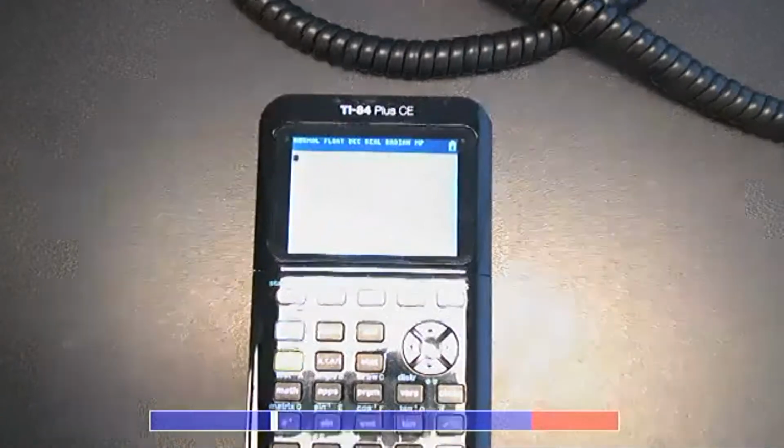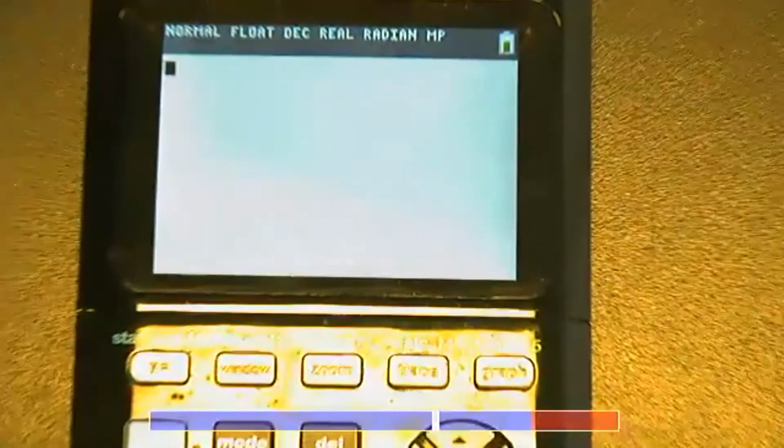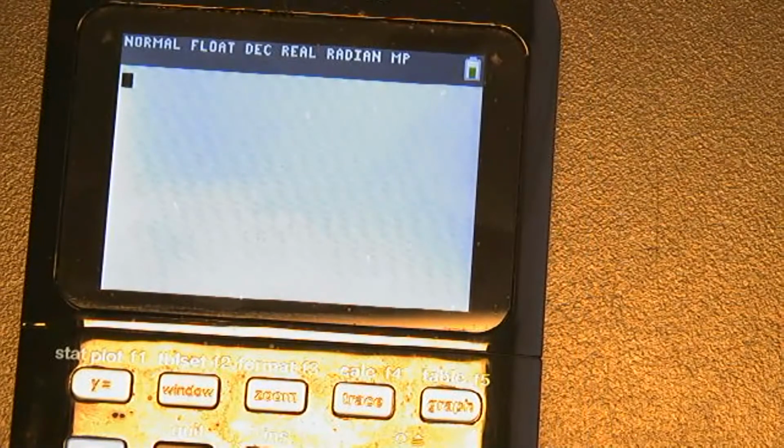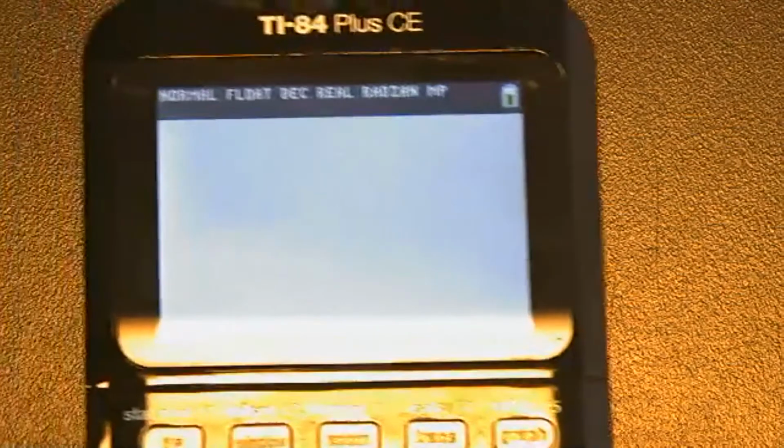Let me zoom in a little bit. There we go. Now I am going to do something. Settings. Okay.